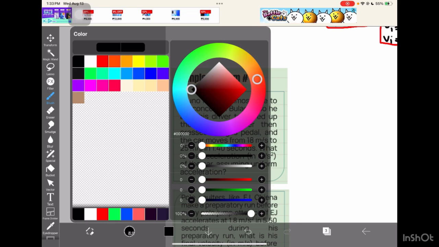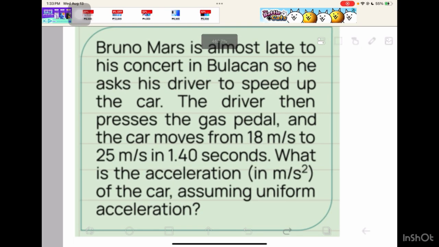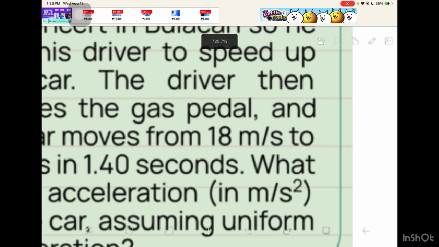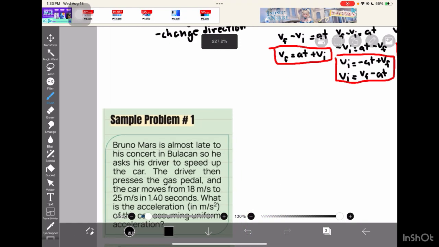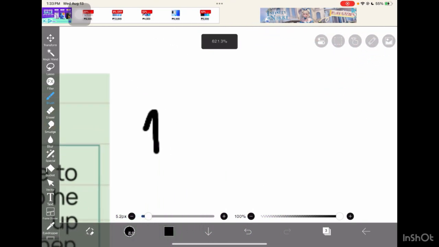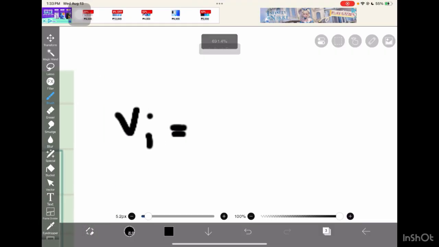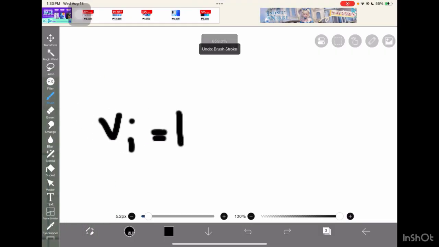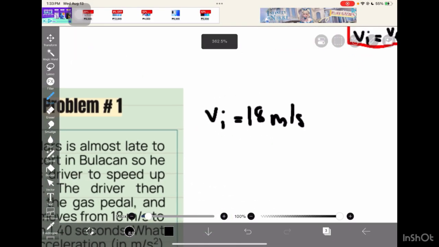Since we have 4 variables, it's best that we have 3 givens. First and foremost, the car moves from 18 meters per second. The "from" in that phrase indicates that our v sub initial, because that's the starting, is 18 meters per second.